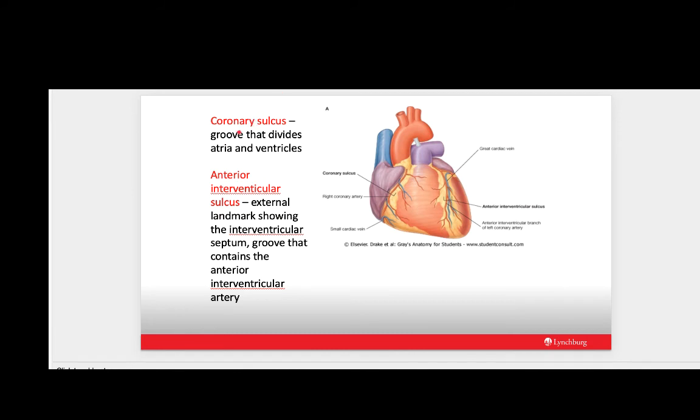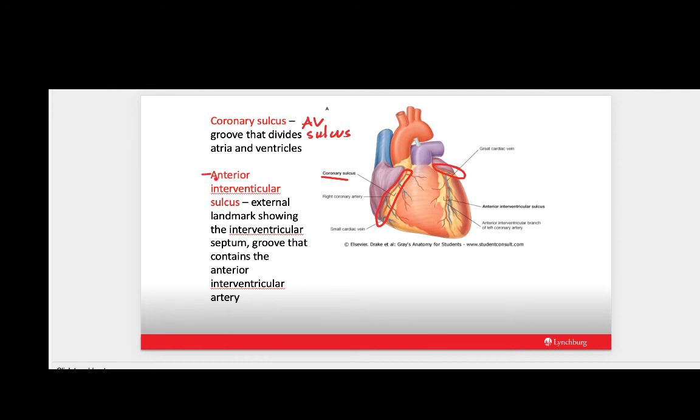Okay, here's a couple of landmarks. The coronary sulcus, otherwise known as the atrioventricular sulcus. You'll see it listed as that as well. That's this area here, this groove between the atria and the ventricles, and we have the same thing on this side, where the coronary arteries are located.